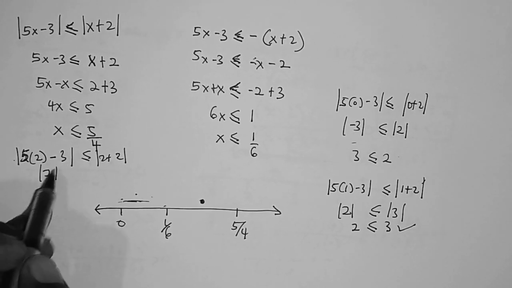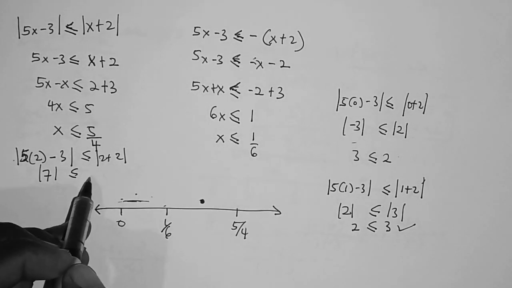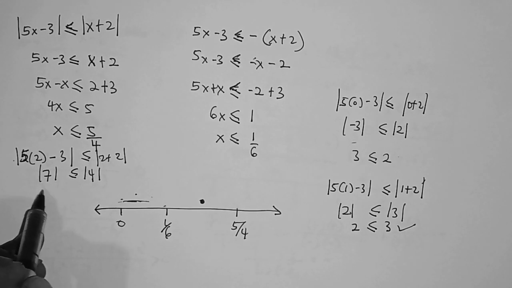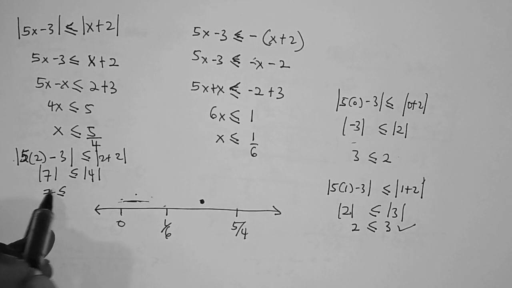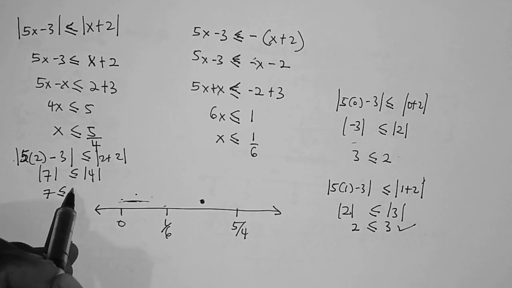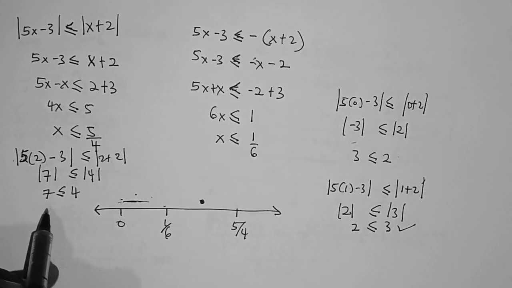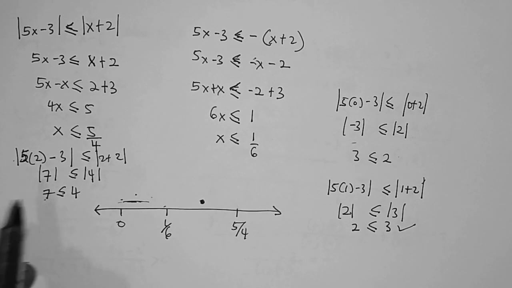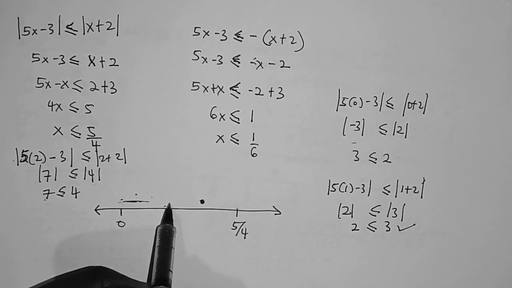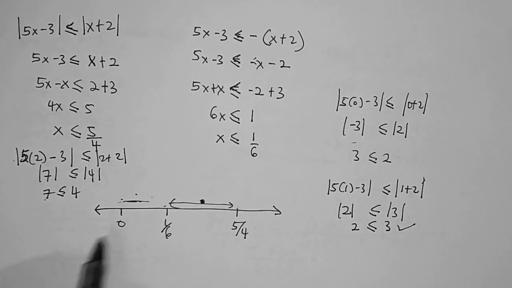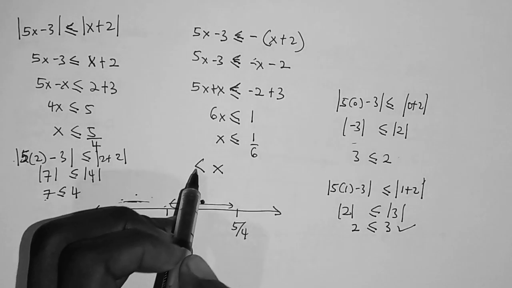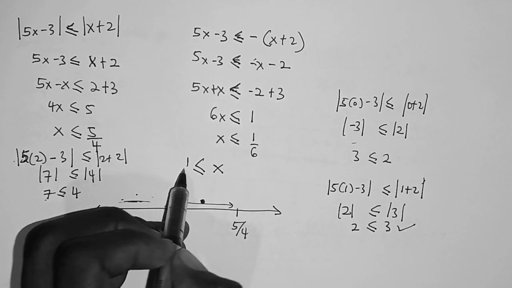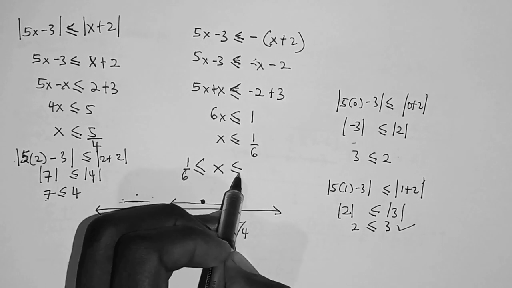So absolute value of 7 less than or equal to 2 plus 2 is 4, absolute value of 4. Absolute value of 7 is 7, less than or equal to absolute value of 4 is 4. So you can see that 7 is not less than or equal to 4. So that is also false. And therefore, there is only one region. This is the only required region. So the solution becomes x is greater than or equal to 1 over 6, but less than or equal to 5 over 4.